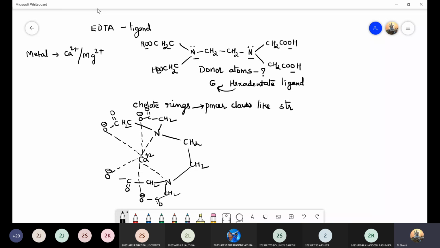Imagine an eagle, that is how it holds its prey at different angles. So here also this is called a chelate ring because of that appearance. How an eagle with the help of its claw tries to hold its prey, that is the description given for this type of rings, and it is called a chelate ring. I hope I'm clear.